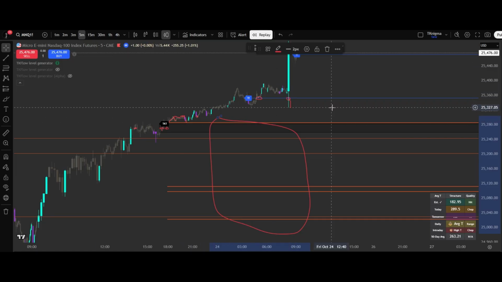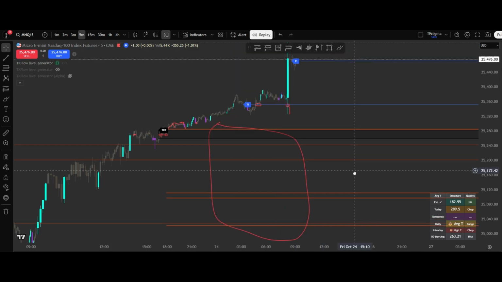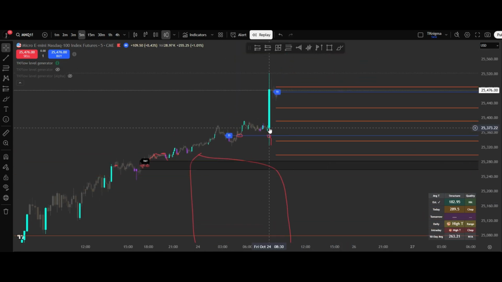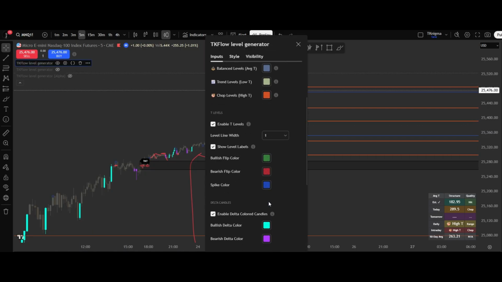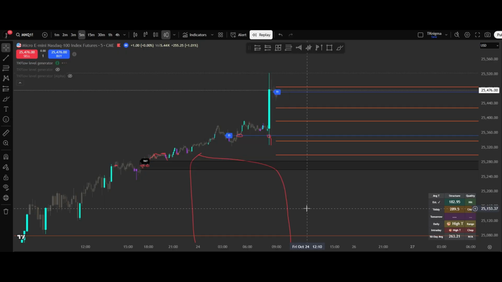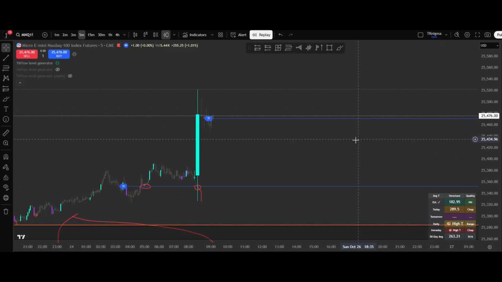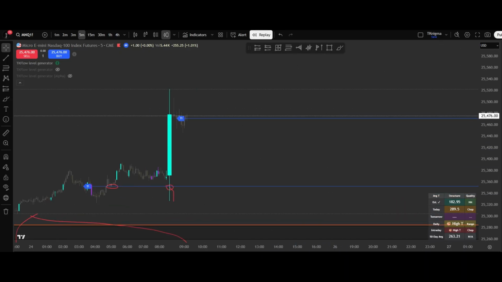So this is the type of day where you would use either overnight levels, which lock in at 8:30, or you would use strictly the T levels, right? So today, the T levels were very accurate, like always. I mean, they're always pretty accurate.